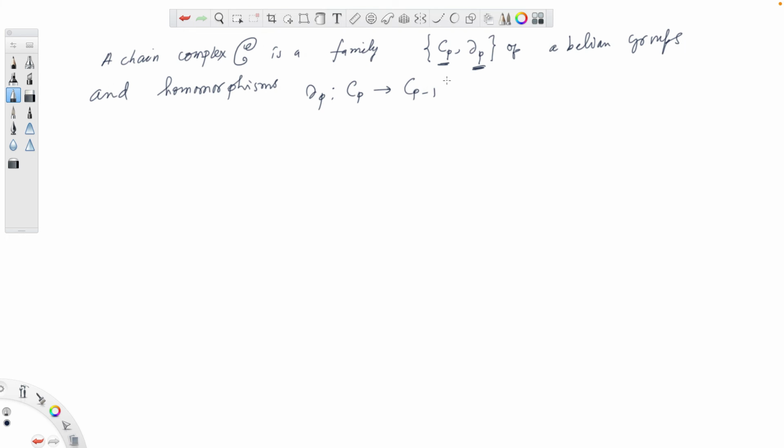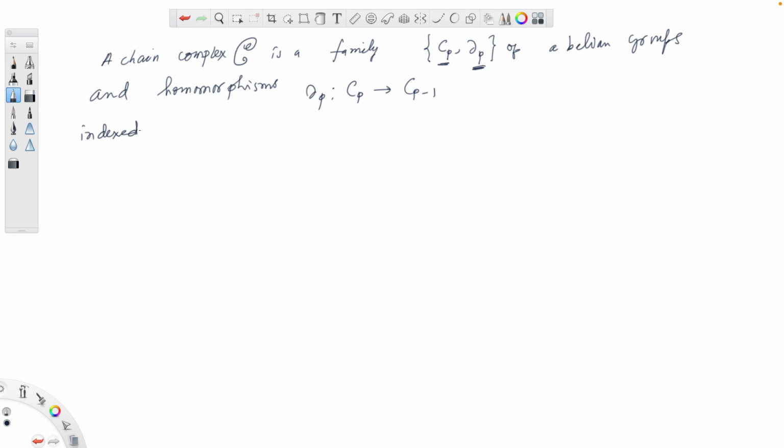Okay, there is a whole hierarchy of abelian groups here, and these group homomorphisms take us from one abelian group to another abelian group in this family, indexed with integers.